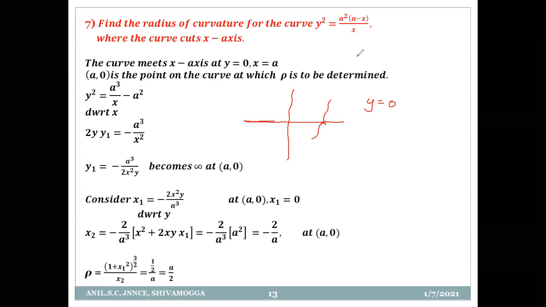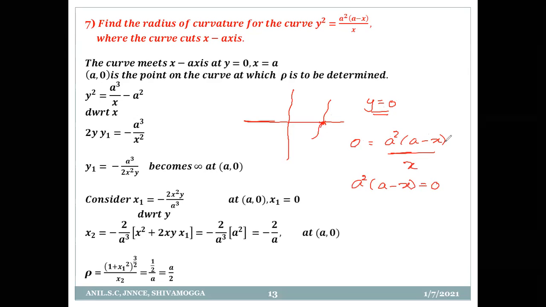When y is equal to 0, y square is 0. 0 is equal to a square into a minus x divided by x. On x-axis, y coordinate is always 0. Therefore, a square into a minus x is equal to 0, into anything is 0.